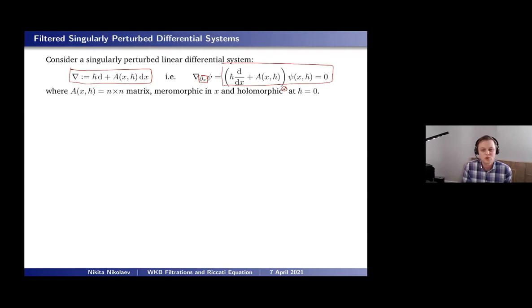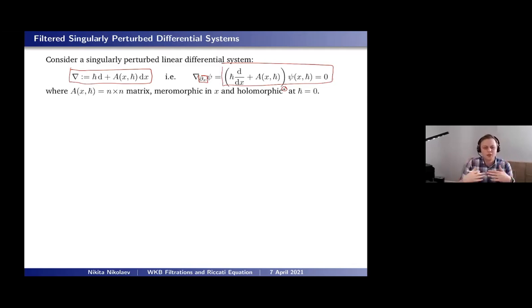You just need them to admit an asymptotic expansion in some sector as h bar goes to 0, and then impose some regularity on the kind of asymptotics you allow. But anyway, I decided to take a simpler approach just for the sake of presentation. But maybe keep that in mind.